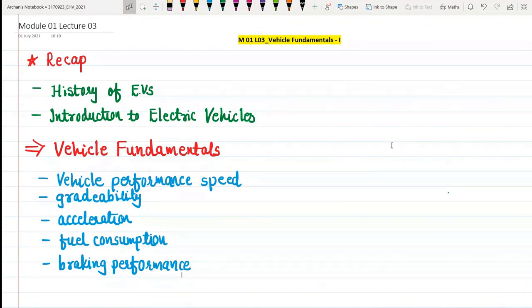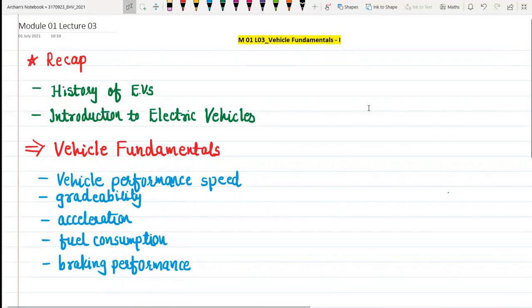And in the last session, we have seen some introduction to electric vehicles. We have seen the generalized block diagram and what are the components and subcomponents used in electrical vehicles. So by now you are familiar with the construction of electric vehicles, right? What are the different parts available in that particular electrical vehicle?